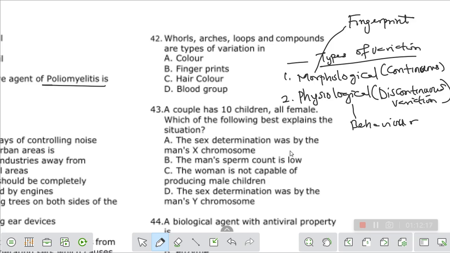Another thing is the ability to roll the tongue. When people see you, they cannot know you can roll the tongue until you roll it, right? So the ability to roll the tongue is also a physiological variation. The ability to close one eye and keep the other open is also part. The ability to move the ears without moving the mouth or the head.